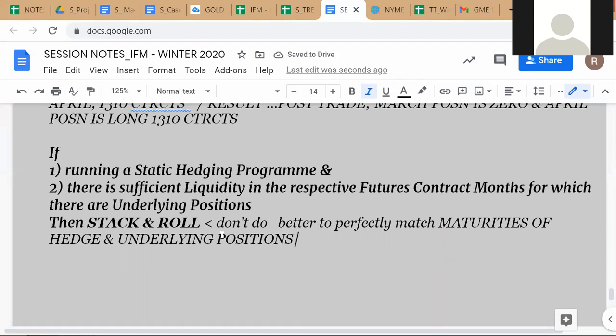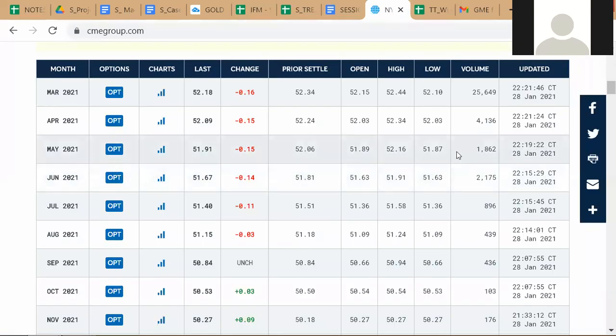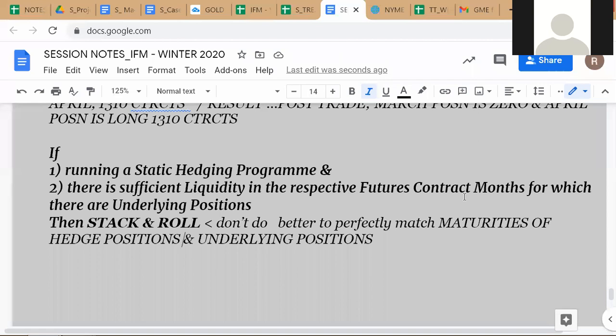Okay, hedge positions and underlying positions. We can copy this. That is what Siddharth is suggesting, that why don't you perfectly match the maturities of hedge positions and underlying positions. Look at how much you have for May, buy it against May, don't buy the whole thing for March, and then do this. And so it's correct, especially if you have a static hedging program and sufficiently good liquidity in those months, you can do it, and then it makes sense. Then do not do stack and roll. Okay, all right, that's the point.